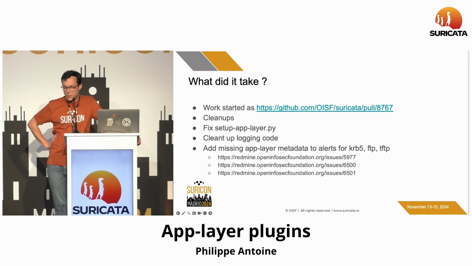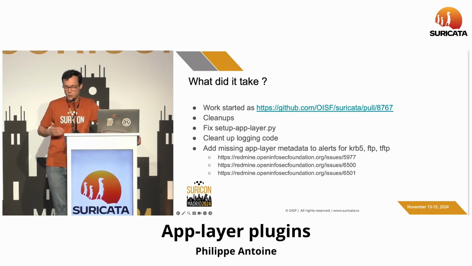And as I said, it was a long-coming work. It started with an old pull request, followed by a big number of cleanups and fixing the script that we have to set up an app layer, if you want to add an app layer in Rust code. That's kind of the hard path, doing this for Rust and self-contained, but in my view that was to make things more generic for Suricata and easier, remove some boilerplate code that was in logging, and find bugs along the way.